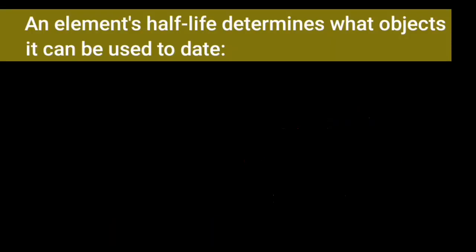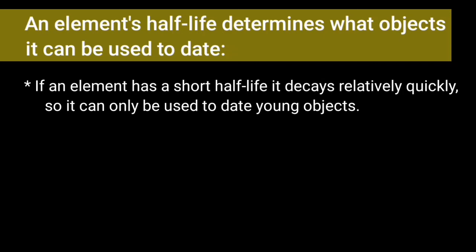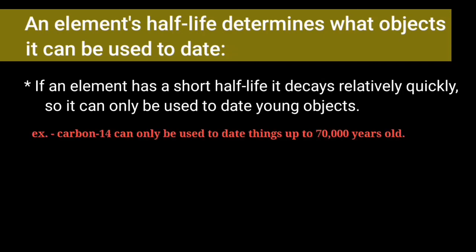And there are some other things you must consider in radioactive dating. First of all, if you want to use this technique, you need to figure out which element to use. If an element has a short half-life, it decays relatively quickly, so it can only be used to date young objects. For example, carbon-14 can only be used to date things up to 70,000 years old.